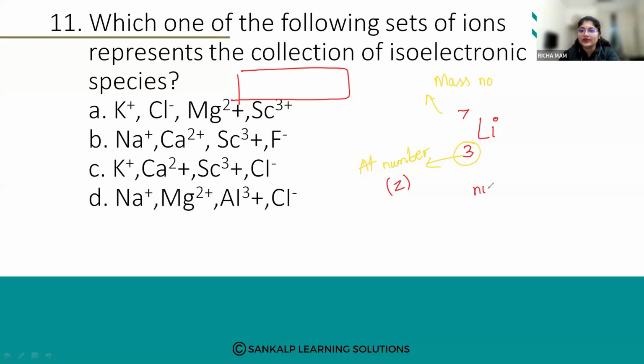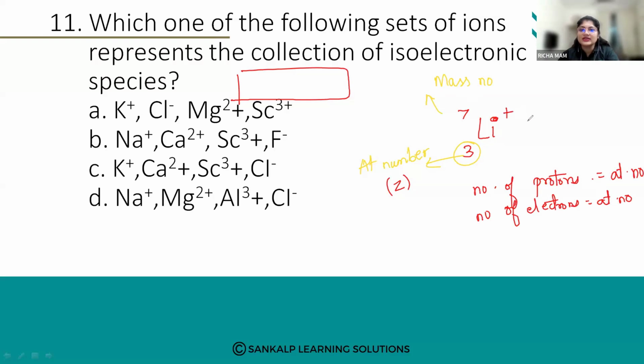Now, how are you going to calculate the number of protons? The atomic number is your number of protons. And the number of electrons is also the same as the atomic number, if the charge is neutral.